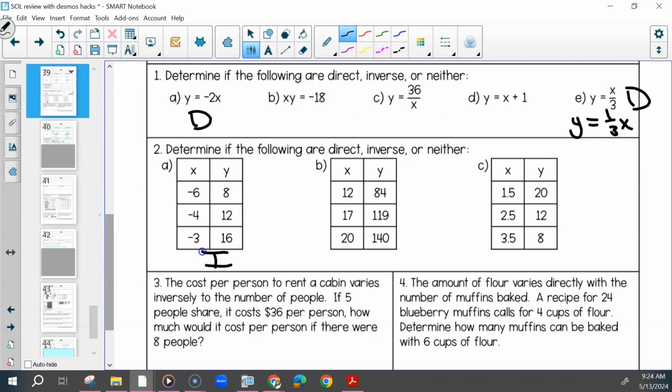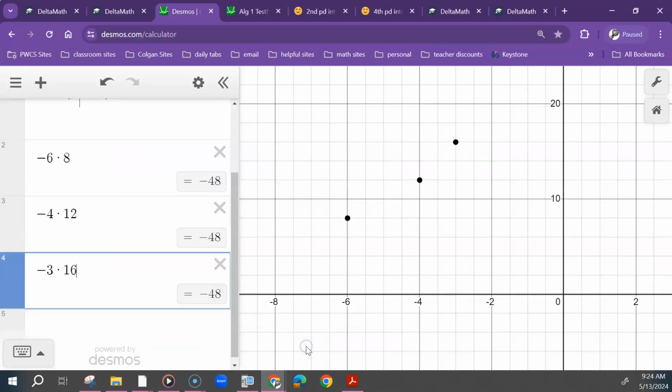Now, just looking at B, the table, they're way too far apart to even really get a good grip on. Is it going to be inverse, direct? This is the shape I'm talking about.